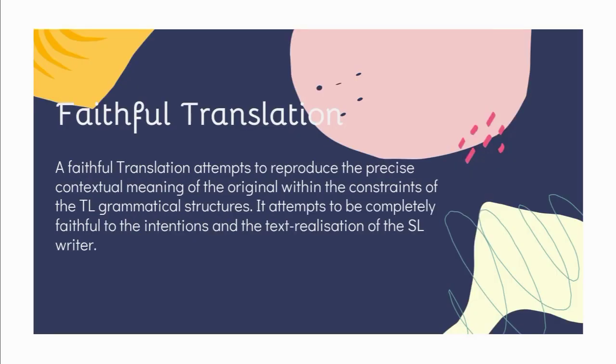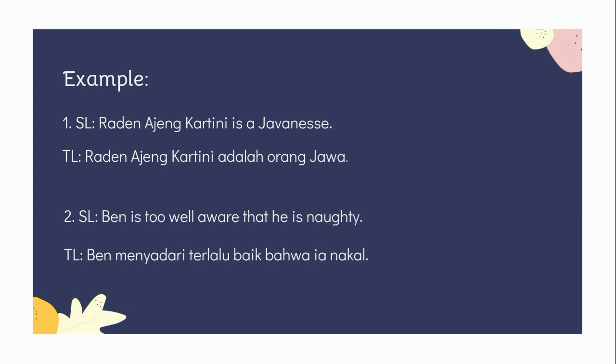Faithful translation. A faithful translation attempts to reproduce the precise contextual meaning of the original within the constraints of the target language grammatical structures. It attempts to be completely faithful to the intentions and the text realization of the source language writer. For the example, Raden Ajeng Kartini is a Javanese. It is the source language, and the target language is Raden Ajeng Kartini adalah orang Jawa.